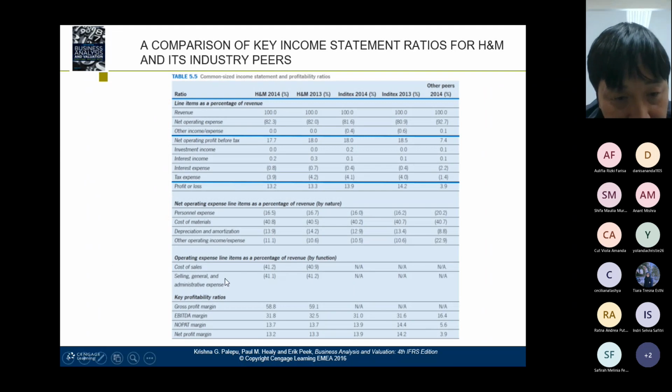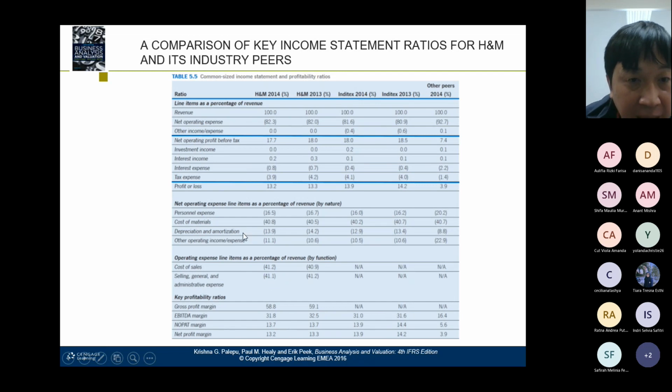All right, so this one, 58.8. Okay, we check here. So 100 minus this one, or this one. Which one? If you adopt the accounting standard by function, you need to use 100 minus 41.2, so you get 58.8. So for EBITDA, you minus this one.